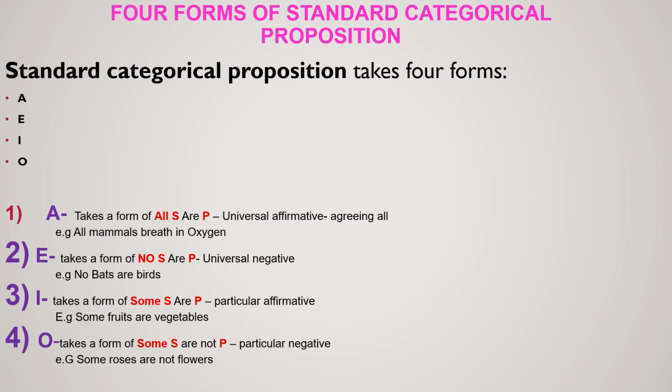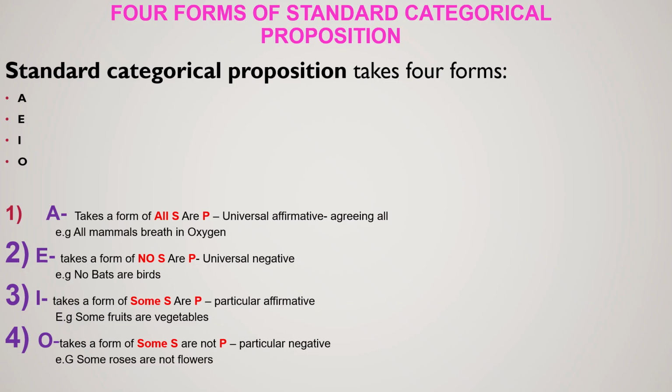A is used to represent propositions or premises that take the form of "All S are P," where S is the subject and P is the predicate. It shows they are universal affirmative. They are agreeing that all subjects are in the predicate.